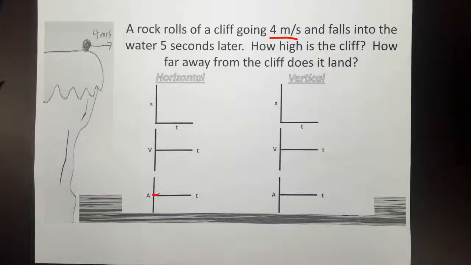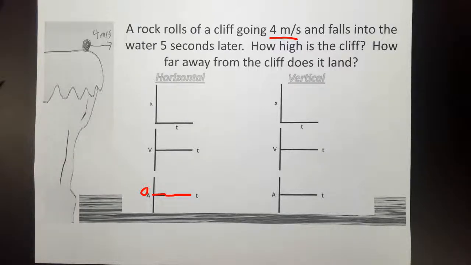First of all, two things we know about projectile motion is that the acceleration in the horizontal direction is 0, so I'm just going to put a 0 here on the bottom left. That tells us that it's not going to speed up or slow down left or right, because gravity accelerates things downwards towards the Earth, not left or right.